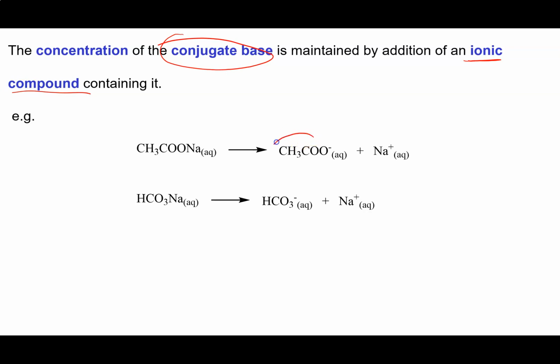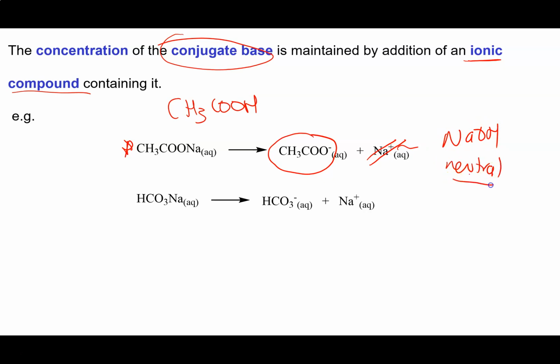If we want a buffer built up of acetic acid and the acetate anion, typically we will add a source of acetate anion using something like sodium acetate. We like to use sodium acetate over other forms of acetate anion because the sodium ion is derived from the strong base sodium hydroxide, and it's neutral, so it won't affect the pH. So sodium salts are popular for that reason.